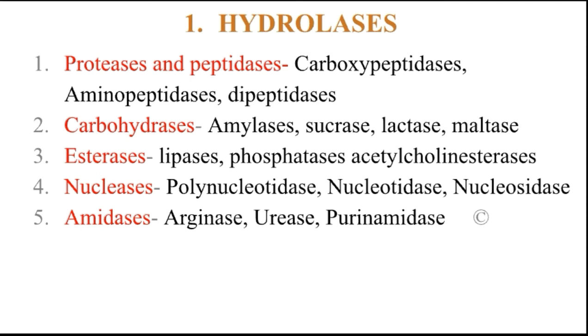Arginase breaks down arginine in the liver into ornithine and urea. It has an important role in our liver, the breakdown of arginine into ornithine and urea. That is the arginase.